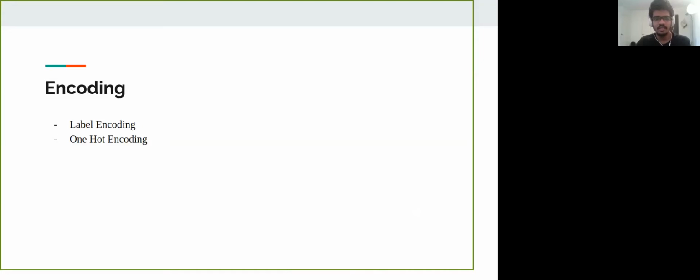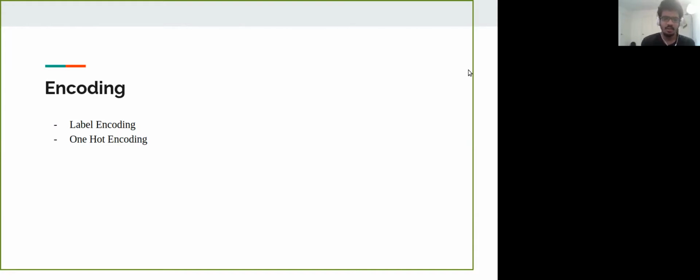And of course, you guys must already be knowing this. You must have used this encoding of the data, right? So this is less of a feature engineering and more of a data cleaning technique. We basically want the categorical variables to be encoded, either label encoded or one hot encoded.